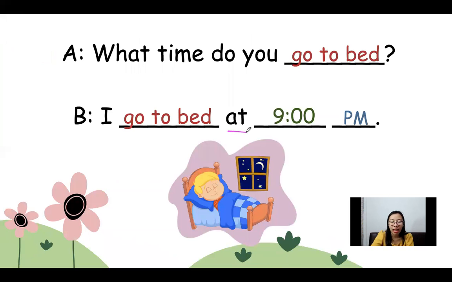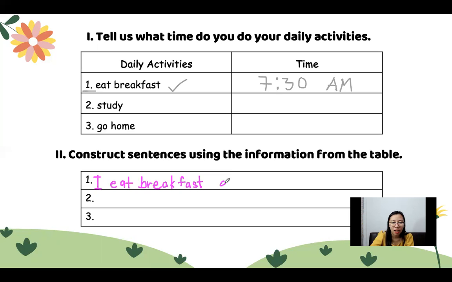At what time do I eat? 7:30. 7:30 a.m. Full stop. Okay? Understand? Yes or no? Yes. All right. So you write your own, key on your own. This is for teacher Shai. So write your own. Understand?